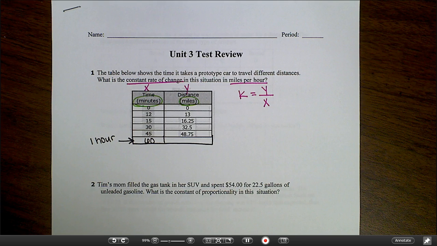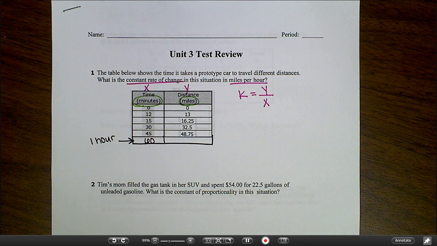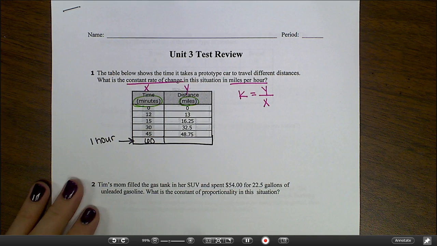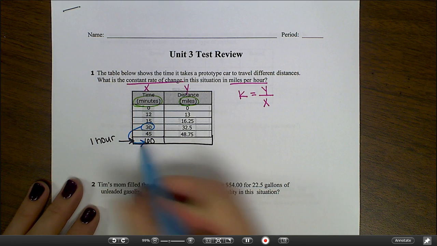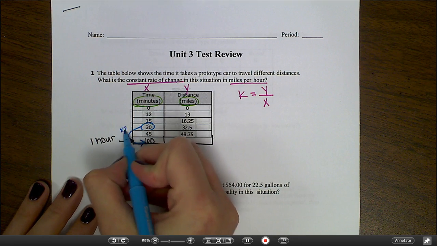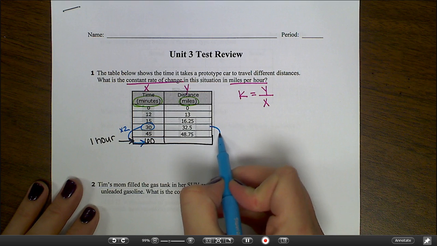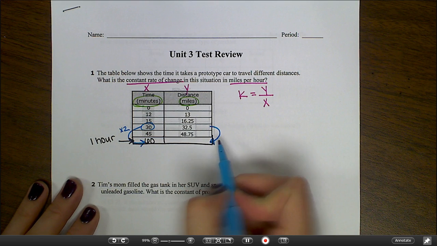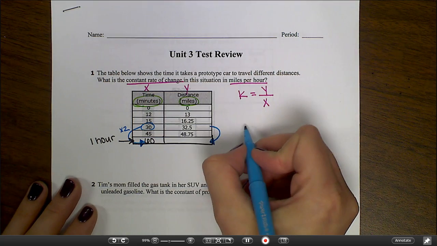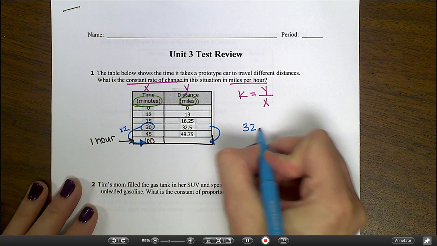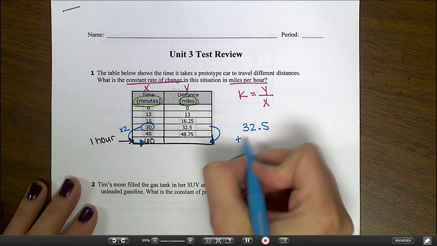So there are several ways that we can do this. I'm just going to show you one way. One way that we could do this is I could say, you know what? 30 minutes times 2 gives me 60 minutes. So I need to figure out what twice the miles would be. So 32 and 5/10. Let's add this time.